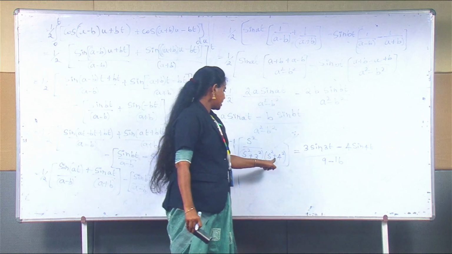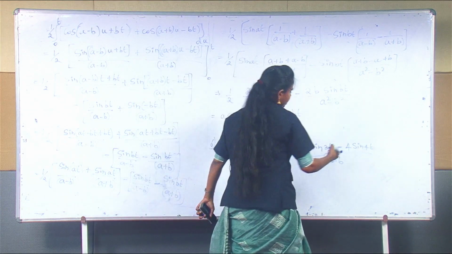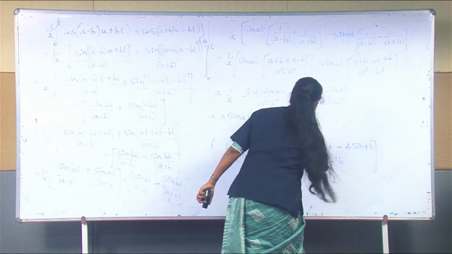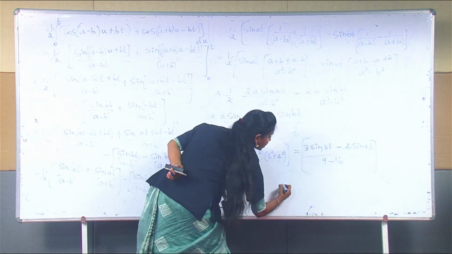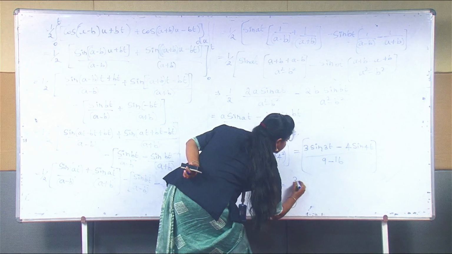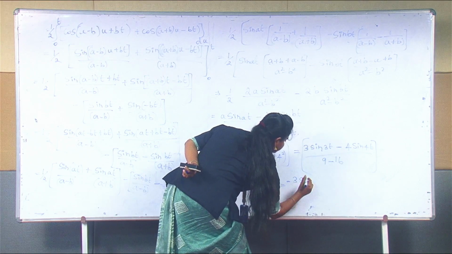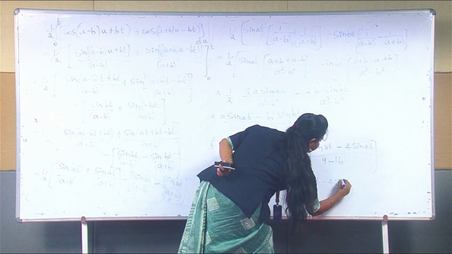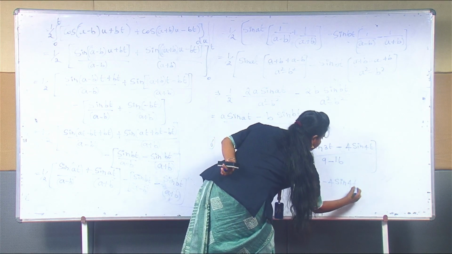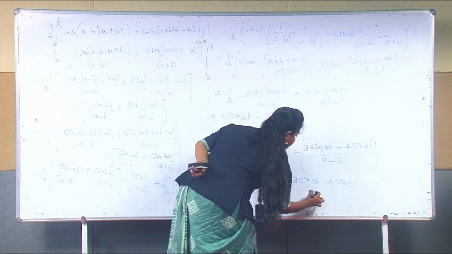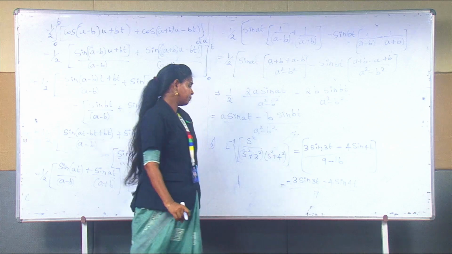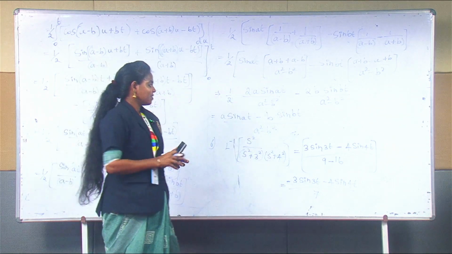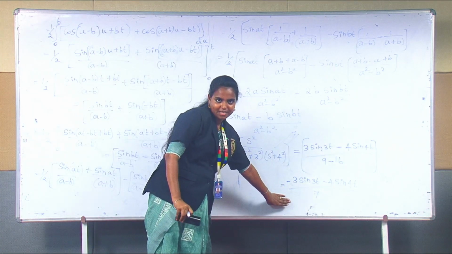So 9 minus 16 is minus 7. Finally we are getting minus of (3 sine 3t minus 4 sine 4t) divided by 7. Here, whether we are getting this answer or not, can we check that?